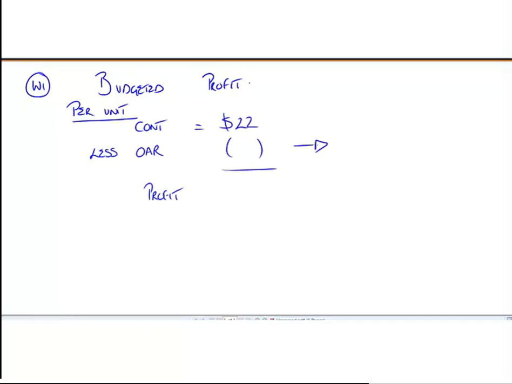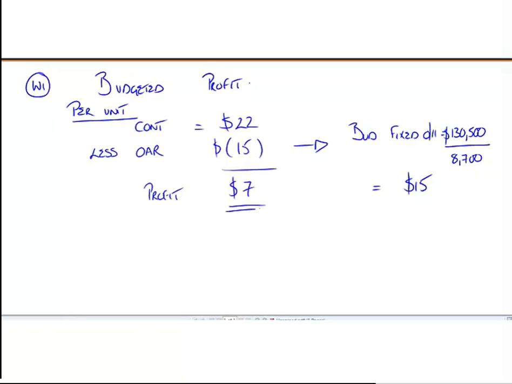To get the overhead absorption rate per unit, I'm going to take my budgeted fixed overhead, which was equal to 130,500. If I divide that by my production of 8,700 units, that gives me an overhead absorption rate per unit of $15. If we deduct that $15 from our contribution, that will give us a budgeted profit of $7 per unit.